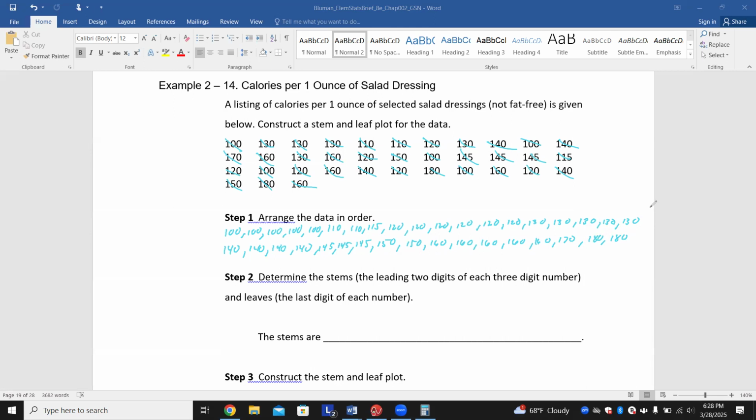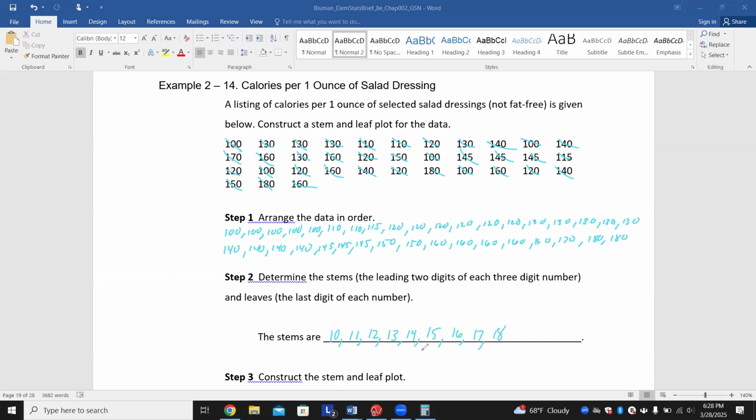Step 2, now determine the stems, the leading 2 digits of each number for the 3-digit numbers, and the leaves will be the last digit of the number. So again, I go from 100 to 180. So that means I'm basically going to go from 10 to 18. All right, there you go.